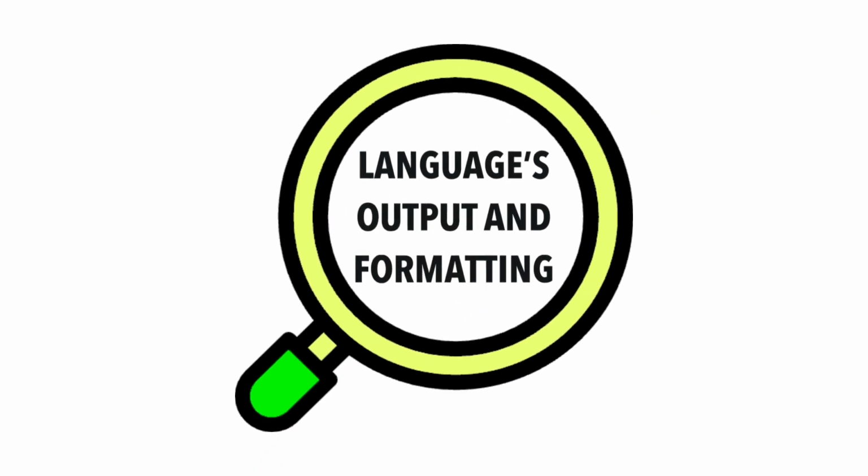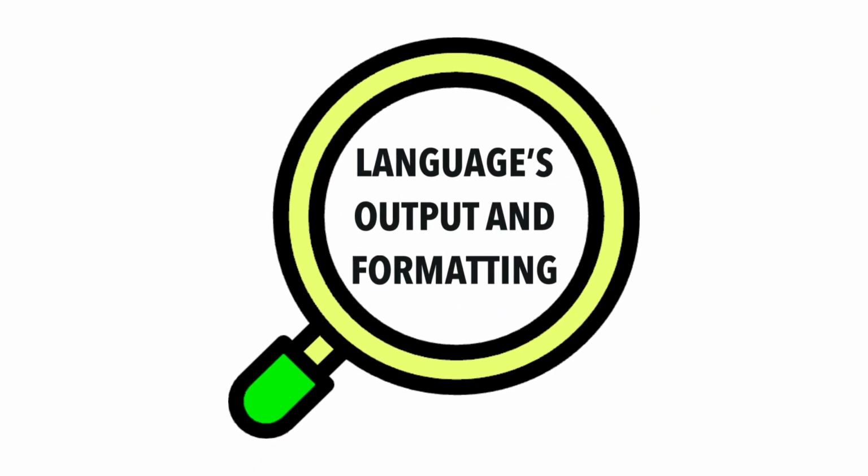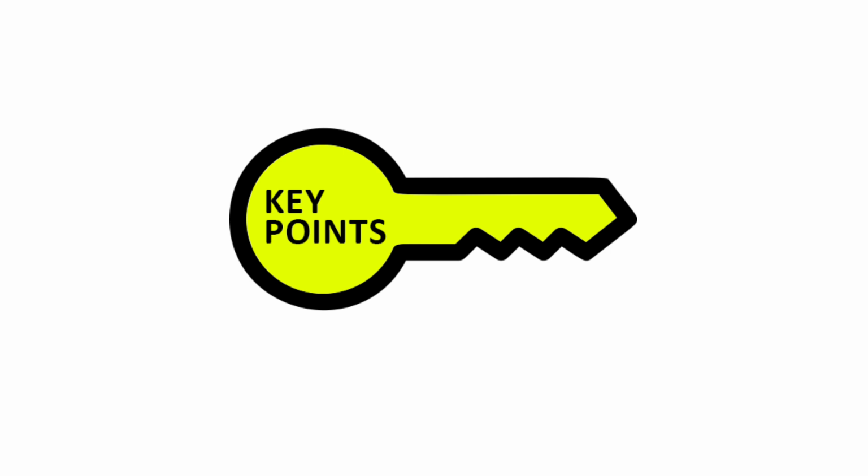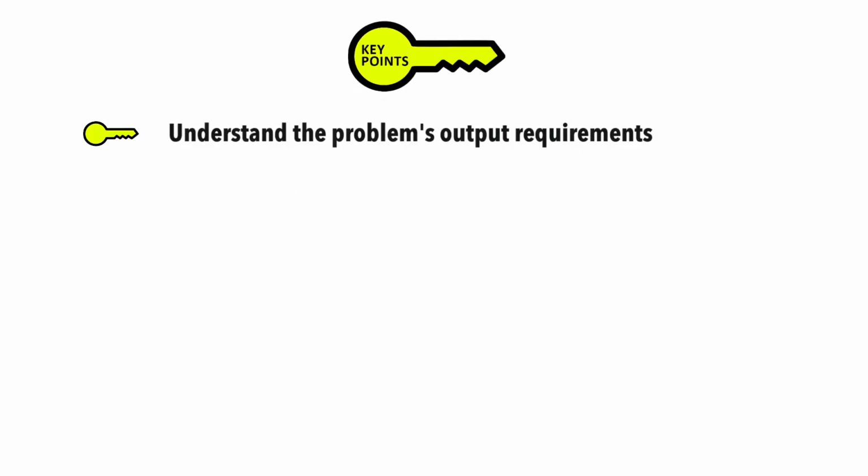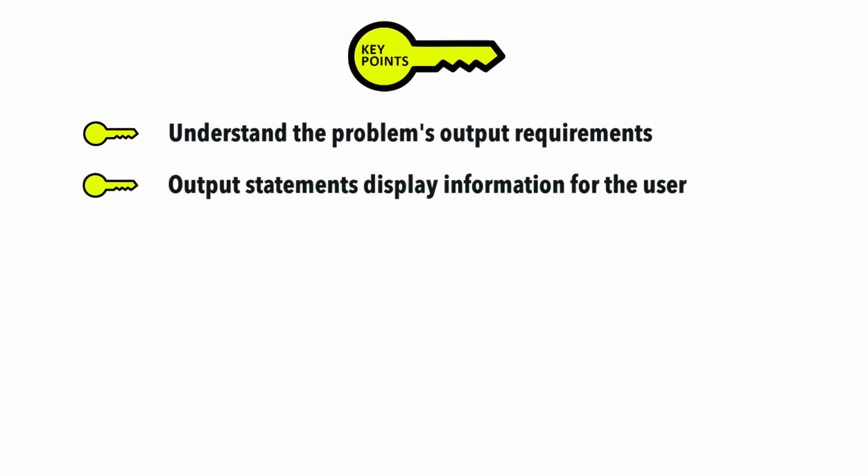Be sure to check out the output statements and formatting options available in your programming language in order to achieve the output requirements of your problem. Now let's review our key points. Understanding a problem's output requirements is key to understanding what your program needs to accomplish in order to solve the problem. Output statements are used to display information and variable contents for the program user.